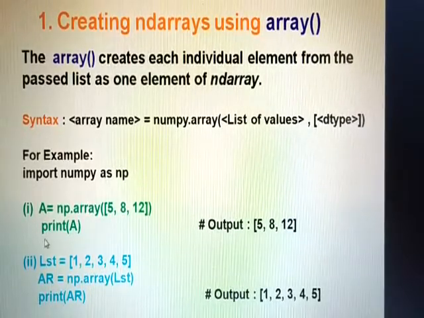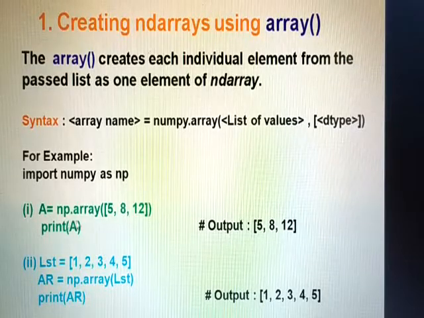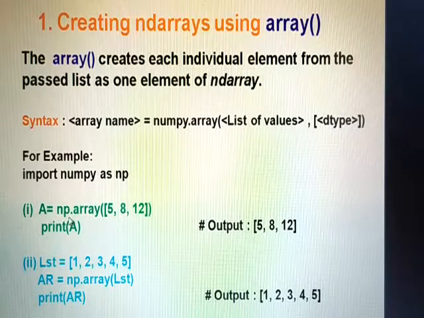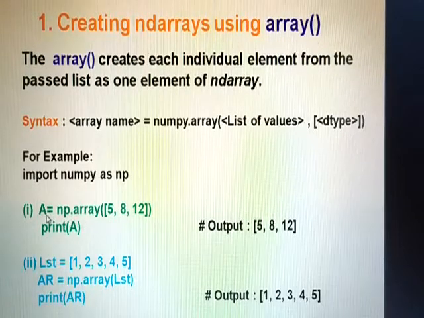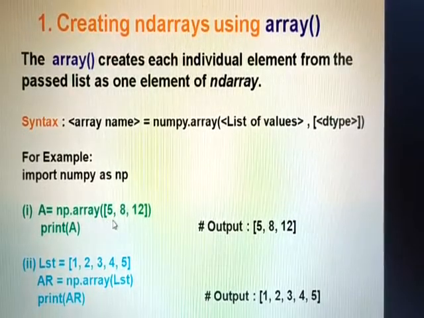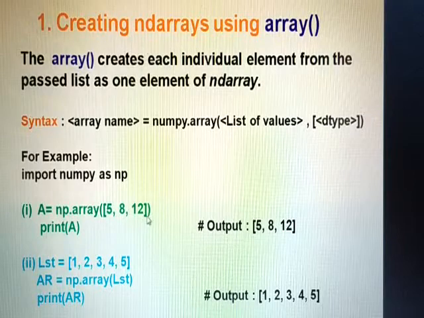Now in the first example, A equals np.array. If NumPy is imported as np, then we use np. Otherwise, you can also use numpy.array. So here A equals np.array, and the list is 5, 8, 12 and bracket close.